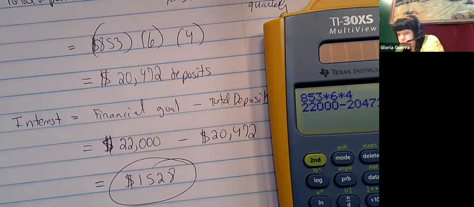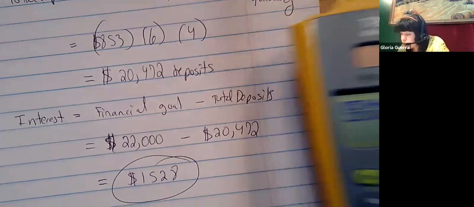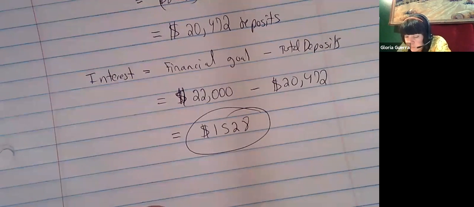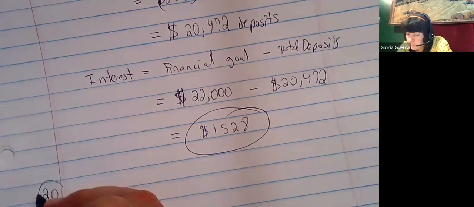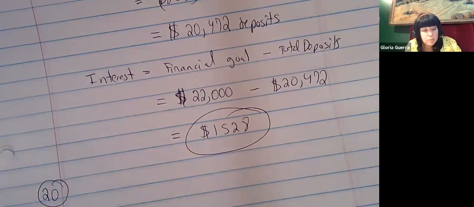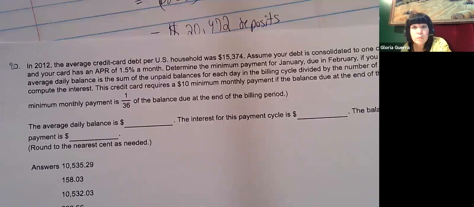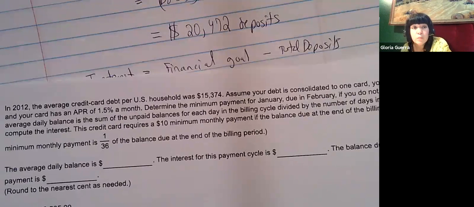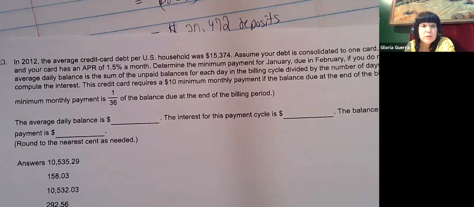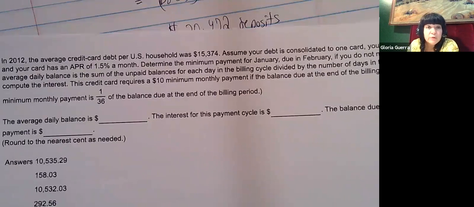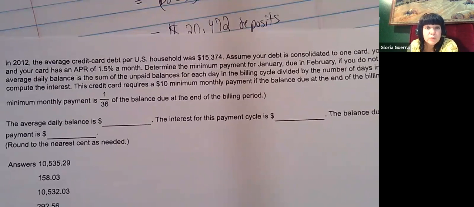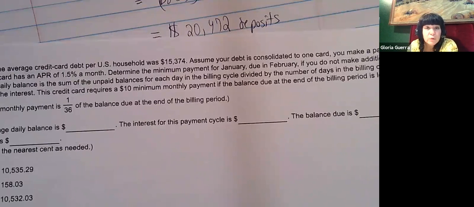Okay, and then the last problem, problem 20. It says that in 2012, the average credit card debt per U.S. household was $15,374.